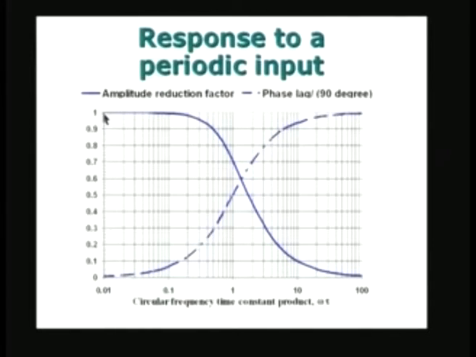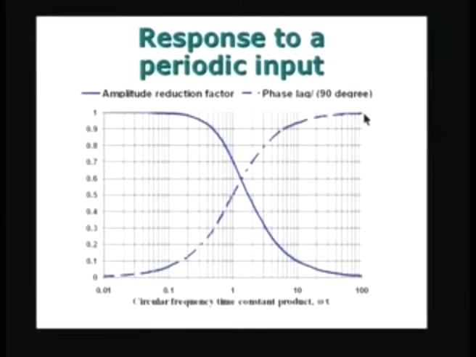the amplitude factor tends to 1, and when the omega tau product becomes very large, in this case I have taken up to 100, you see that the amplitude reduction factor is almost 0, that means that there is no response. The periodic input is not indicated, that means there is no response of the system to the input, which is very high frequency, the time constant is very large, and therefore it is not able to respond to that.